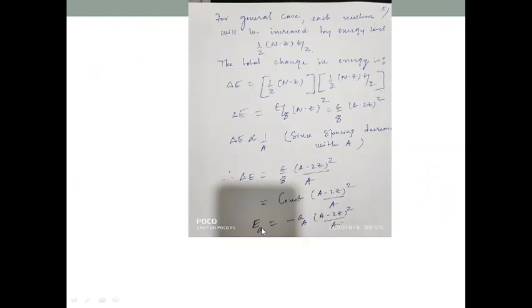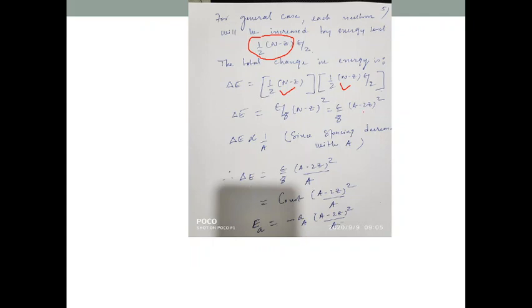Okay, so now the general case. In the general case, each neutron will be raised in energy by half (N minus Z) multiplied by epsilon by 2, where half (N minus Z) is the number of protons which has got converted. So the total change in energy is this many converted, multiplied by each one's energy being raised by half (N minus Z) epsilon by 2.